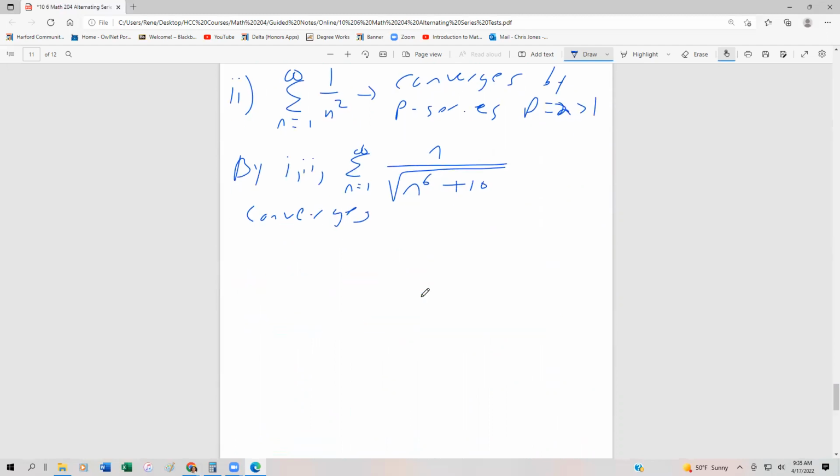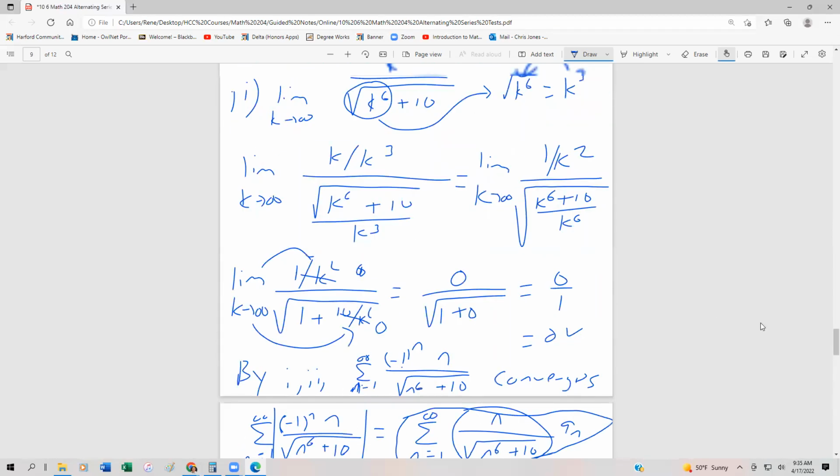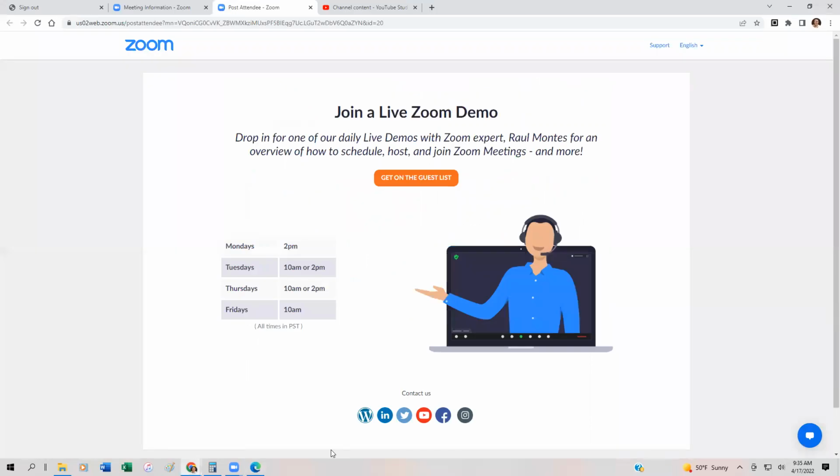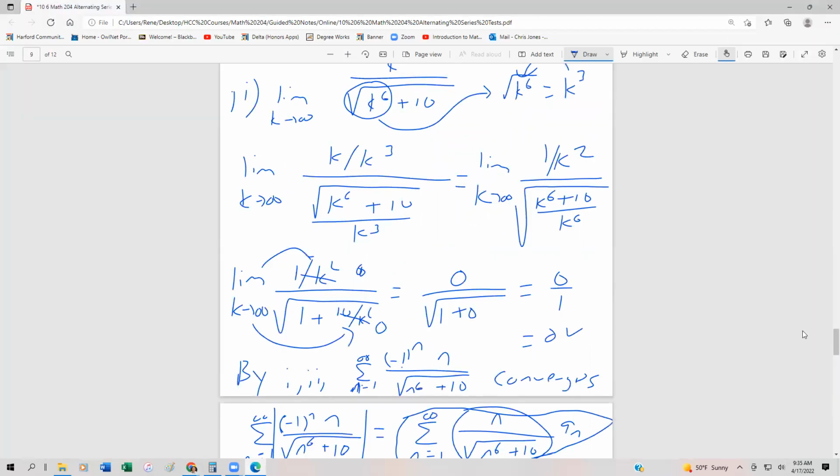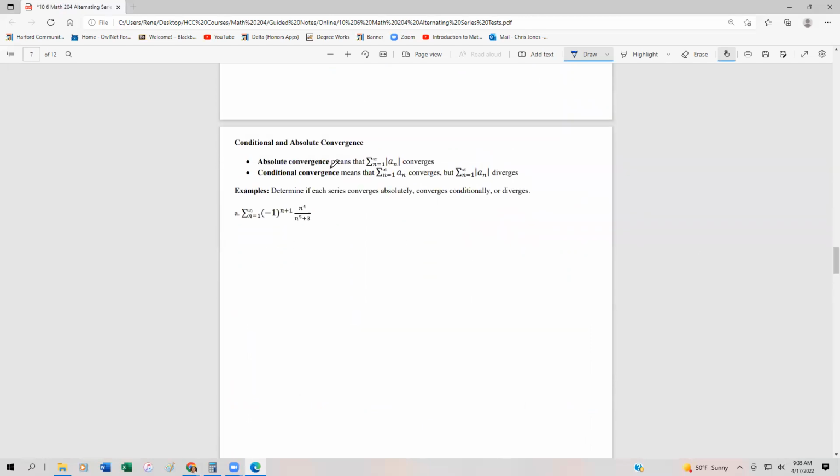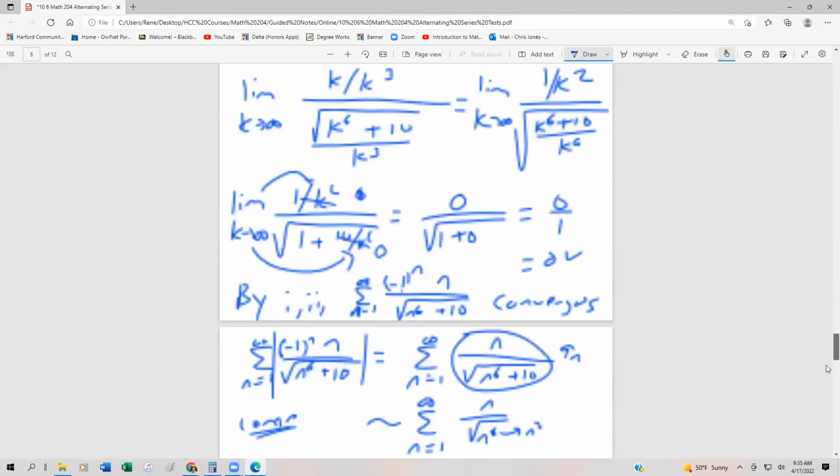And finally, what that means is that we go back up to what it means to be conditional or absolutely convergent. Excuse me. And if we look at that, absolute convergence means that this converges. Okay, so that means that this time we have an absolute convergence.